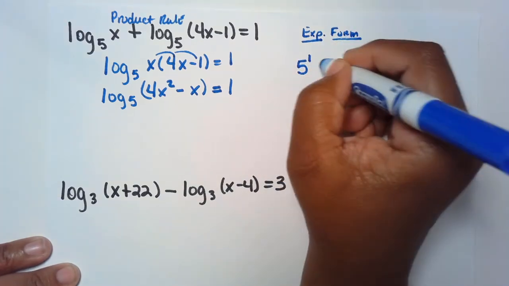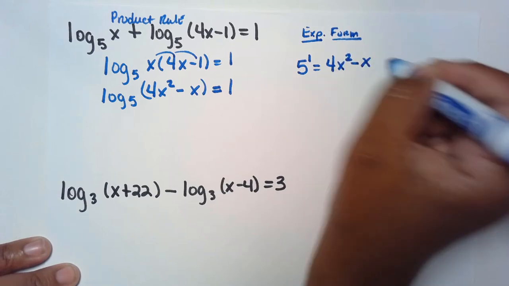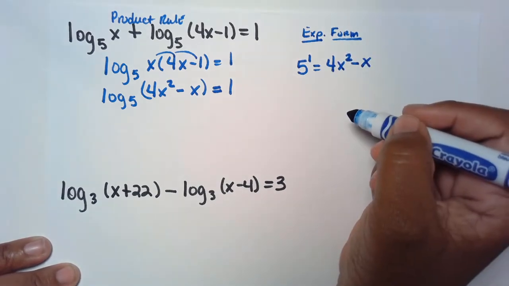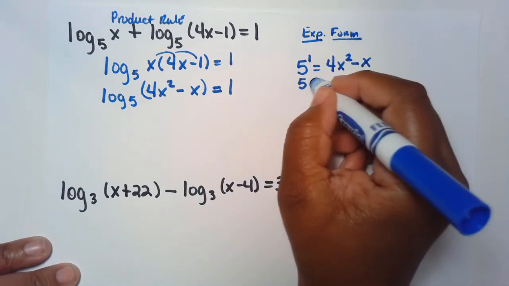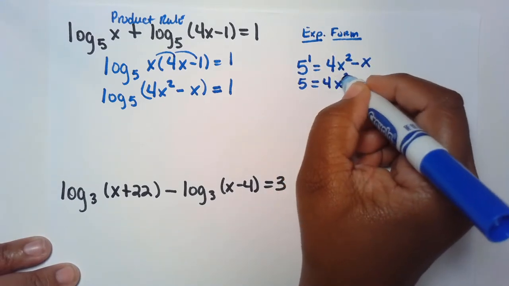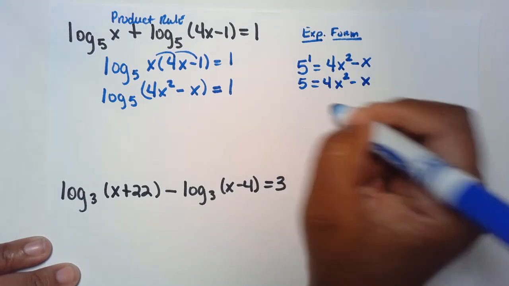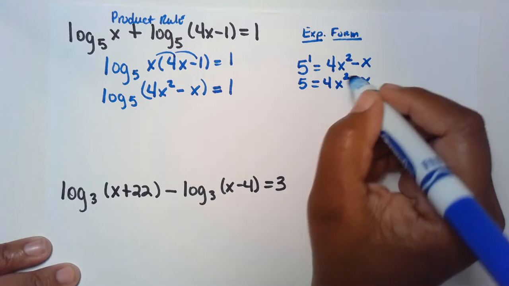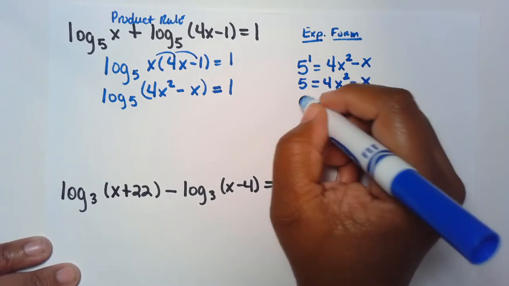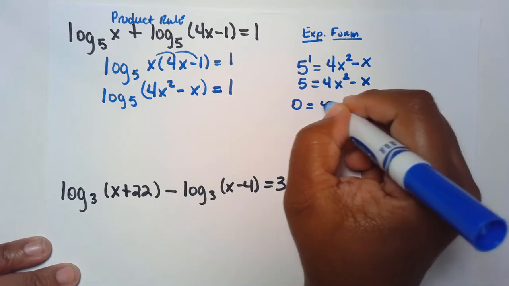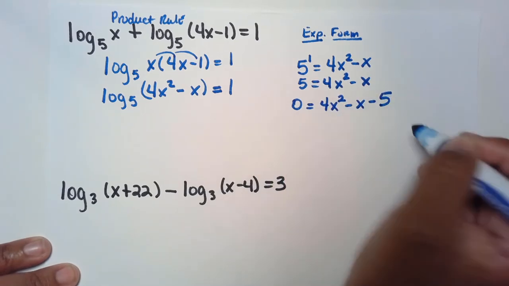The first power equals 4x squared minus x. And then we know 5 to the first power is 5. We want to set this equation equal to 0, so we're going to subtract 5 from both sides. You can write that in your notes. So we have 0 is equal to 4x squared minus x minus 5.